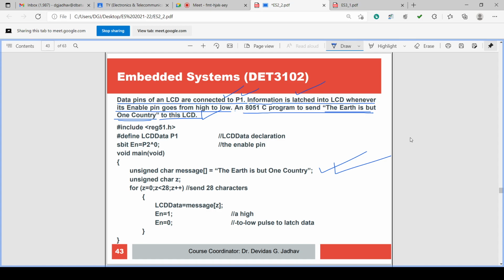तर 28 कॅरेक्टरचा आपण ॲरे घ्यायला लागेल. समजा मेसेज नावाचा ॲरे आहे. मेसेज स्क्वेअर ब्रॅकेट, ओपनिंग अँड क्लोजिंग स्क्वेअर ब्रॅकेट, दिस इज द ॲरे. ओके, so what will the program, we have to send the earth is but one country message.